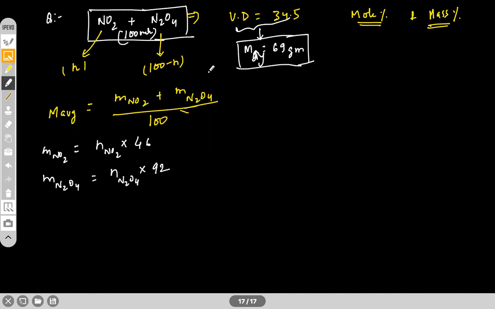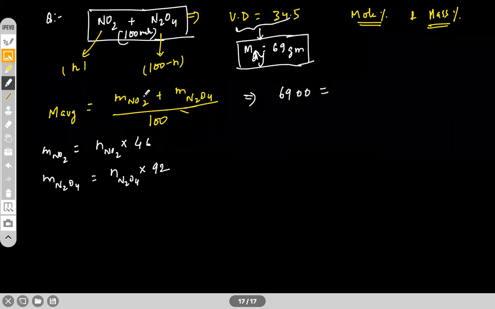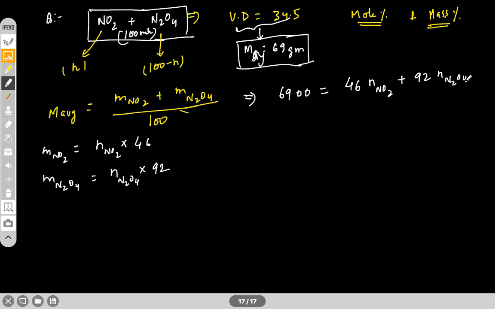Okay, I'll do this. Did you get mole percentage, all of you? Wait, see. If you substitute this as 69, we'll get 6900 is equal to molecular mass of NO2, 46, into the number of moles of NO2, plus 92 into the number of moles of N2O4.